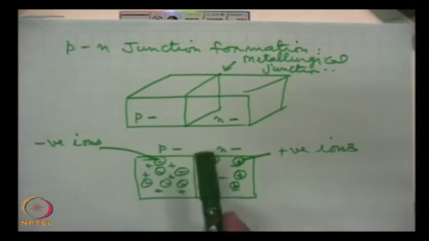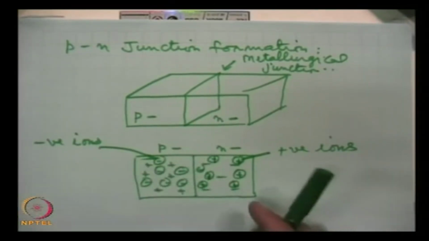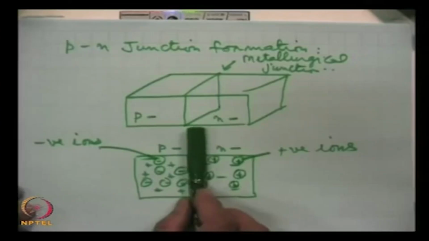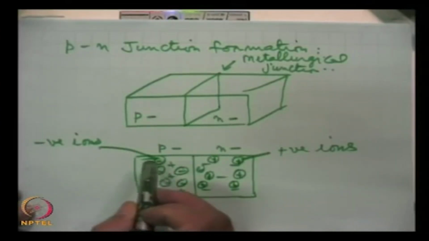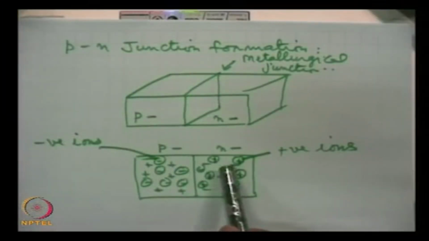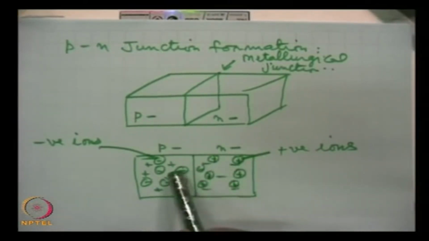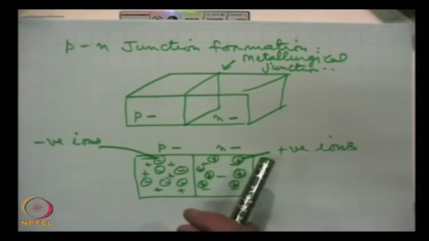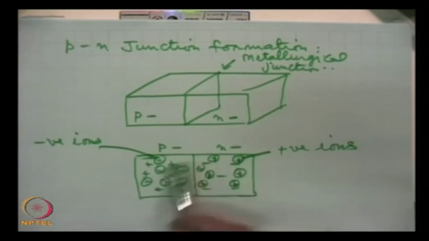Now, this is very important: if there is a structural continuity from the p side to the n side, then diffusion as a natural process will occur. So, holes will diffuse towards the n side and electrons will diffuse to the p side. This diffusion will not occur if there is no structural continuity in the semiconductor.